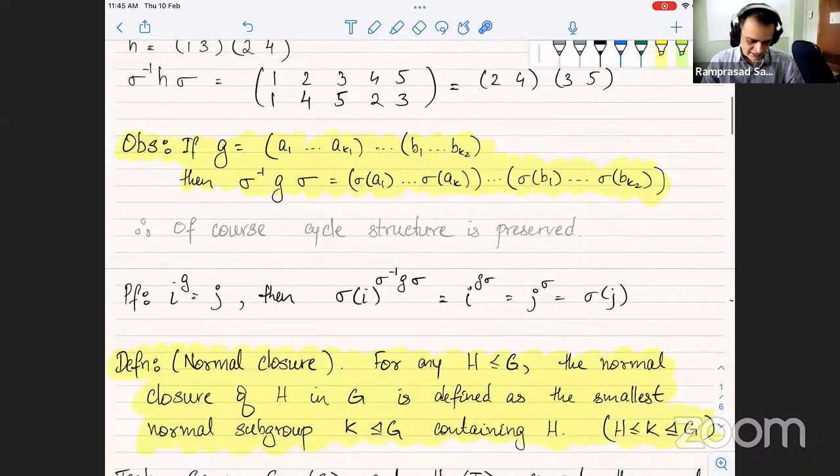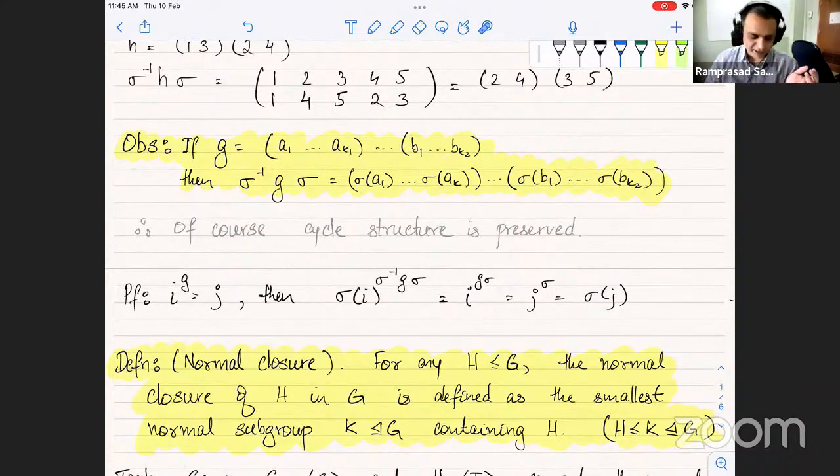Okay, and once we have defined conjugates, there is a notion of what is called a normal closure of a subgroup. Which is basically the smallest subgroup that contains the elements of H and all its conjugates. Or in other words, what does it mean for a group to be normal?